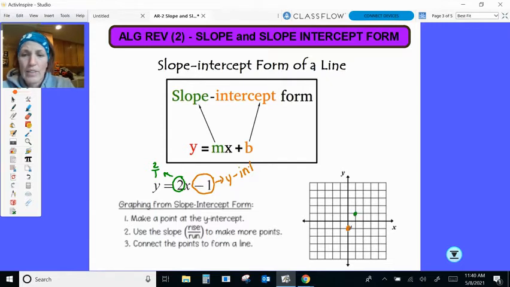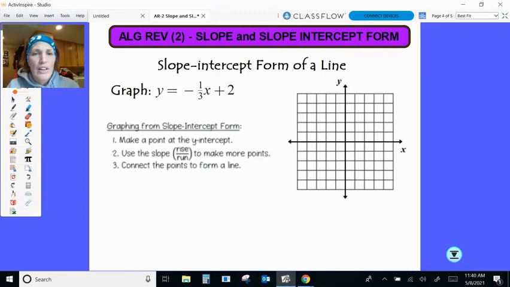Okay, or we could go down -2 over -1 because -2 over -1 is also a positive 2, right? Then keep going up 2 over 1 until we create some sort of a line. Okay, and then once we get our line, we can actually just draw our line nice and straight. Make sure to put arrows on it because the line goes forever in both directions and we have graphed a line.